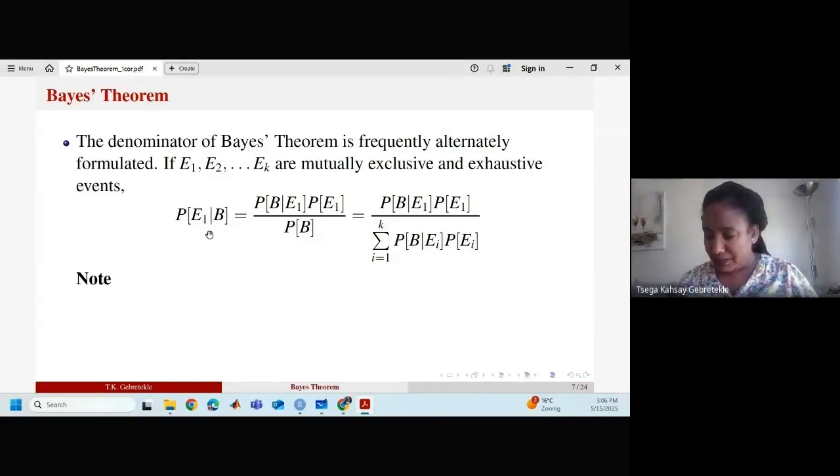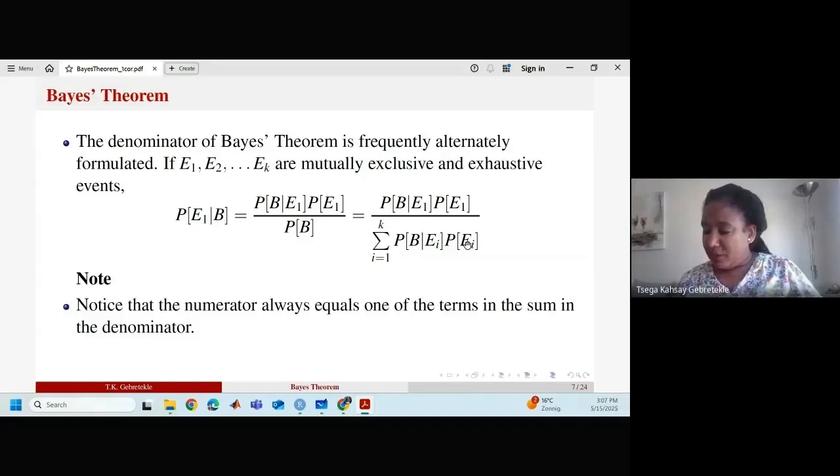So for example, for E1, the probability of E1 given B will be the probability of B given E1 times the probability of E1, divided by the summation of the probability of B given Ei times the probability of Ei. So that's how it works. Note that the numerator is always equal to one of the terms in the sum in the denominator.